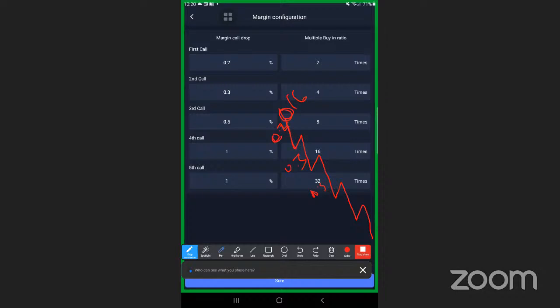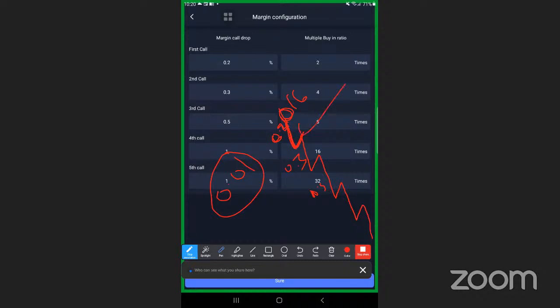Now, when the robot enters here with $16, then the price falls down by 0.2. The price needs to go a little bit up. It should rise by 0.01, our buy-in callback. When price has fallen by our drop, it should rise by our buy-in callback. Then boom, the robot buys.